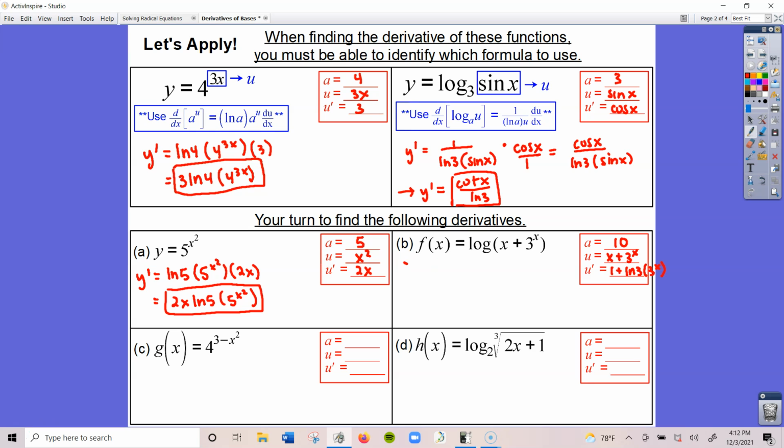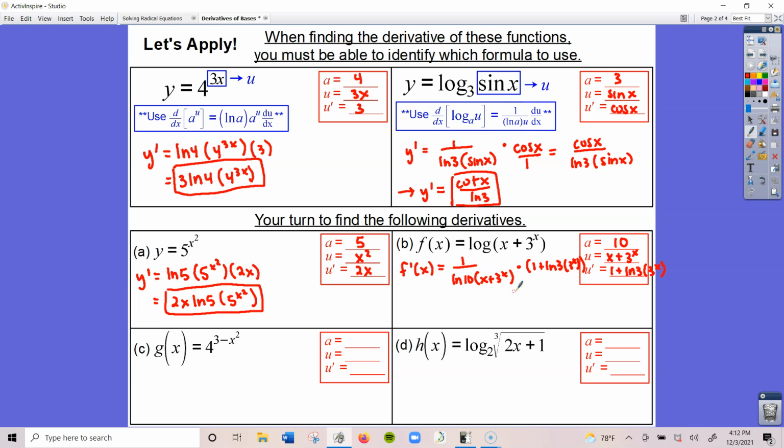Putting this together, we get that f prime of x is equal to, now remember we're following this format here. This is 1 over the ln of 10, which is my base, times what's inside of ln, so x plus 3 to the x, times the derivative that we got, the u prime, which is 1 plus ln of 3 times 3 to the x.